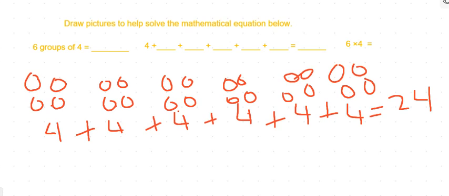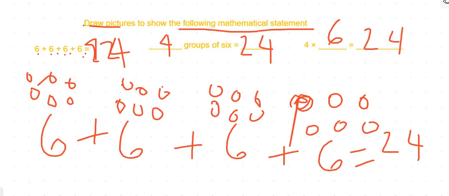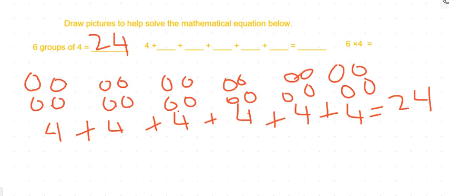So 6 groups of 4 is 24, which is the same as we got earlier when we did 4 groups of 6. Let's fill out the chart. 4 plus 4 plus 4 plus 4 plus 4 plus 4 equals 24. So 6 times 4 is 24.